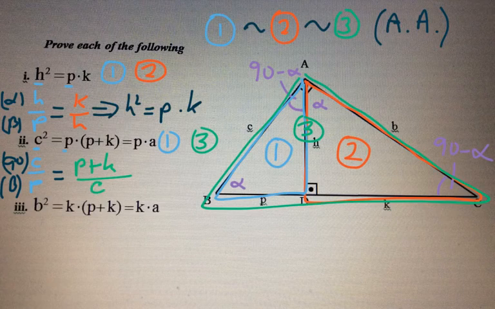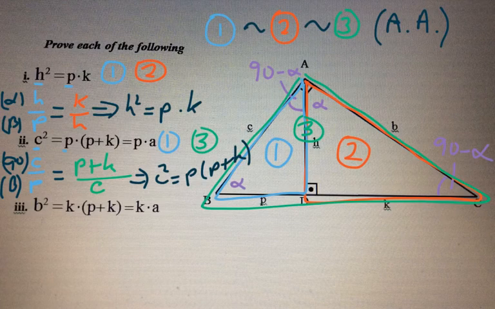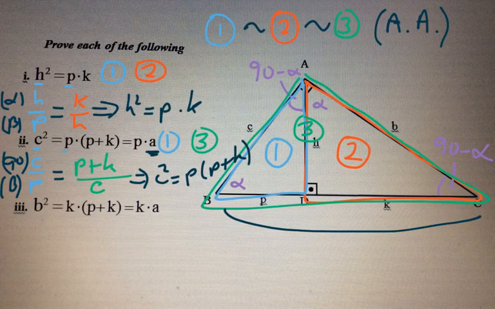Now, simplifying, cross multiplication again, C squared is going to be P plus K times P. I've run out of room there, but it's important to notice that P plus K is written as A, because that's just the notation that we use for the side opposite to angle A by convention, so this can also be written as P times A.